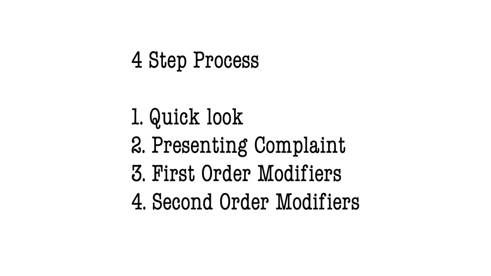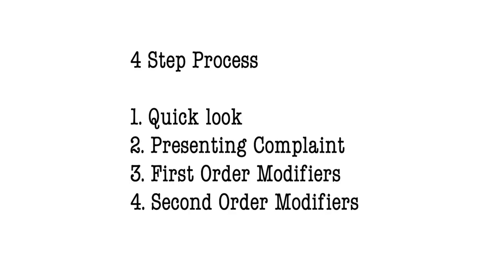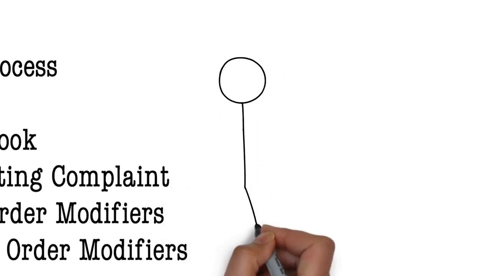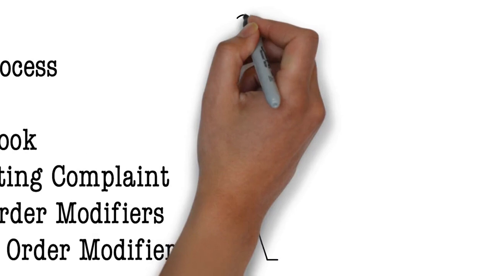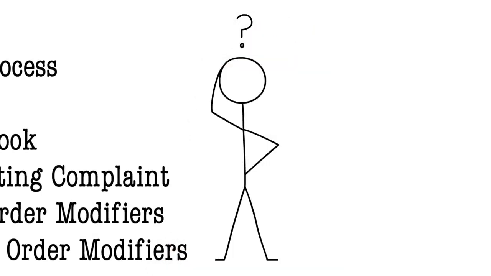So if the presenting complaint is so severe that your patient is going to need immediate intervention or continuing treatment, then you can rule the patient in as a CTAS 1 here. If you've done the quick look and assessed the presenting complaint and found that neither makes your patient fall into the CTAS 1 category, then you move on down that chart to the modifiers.